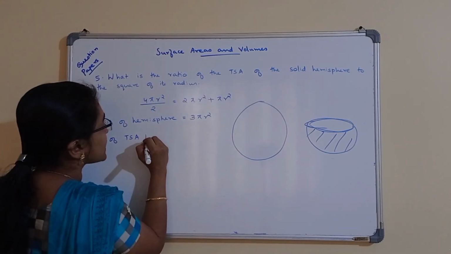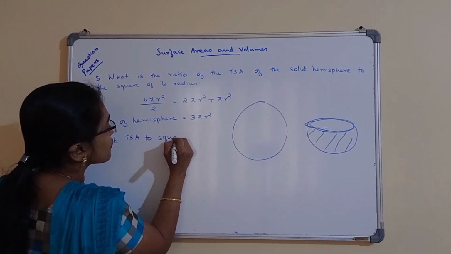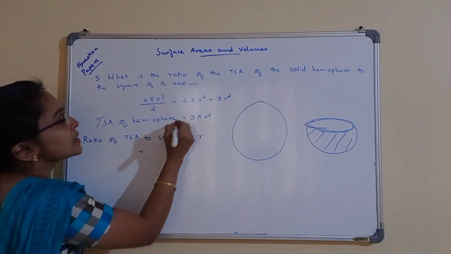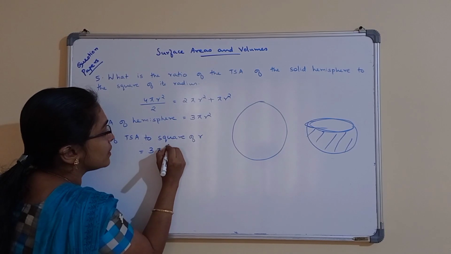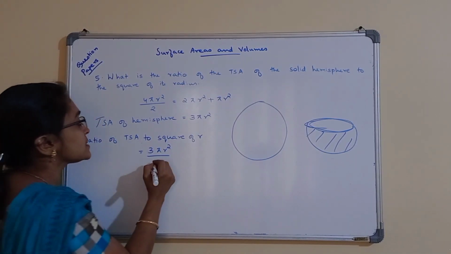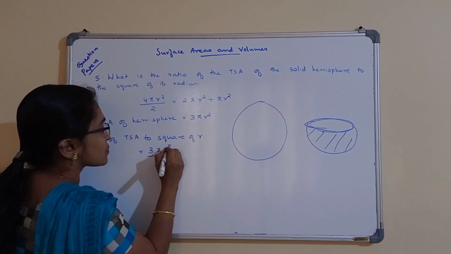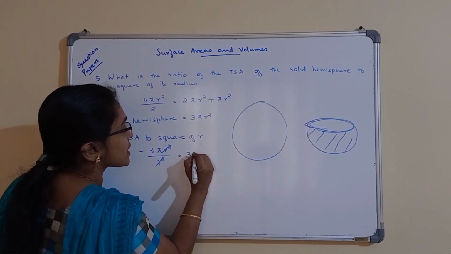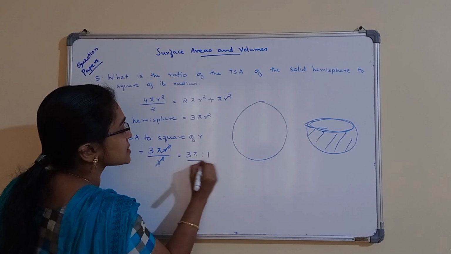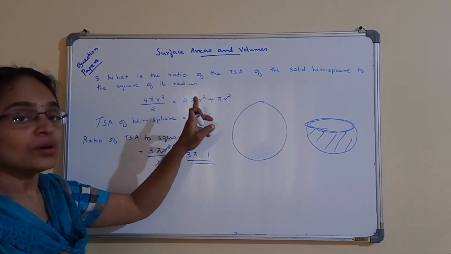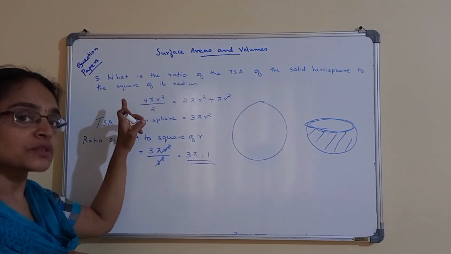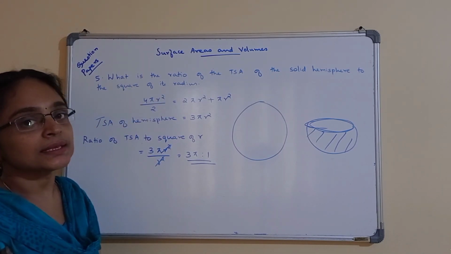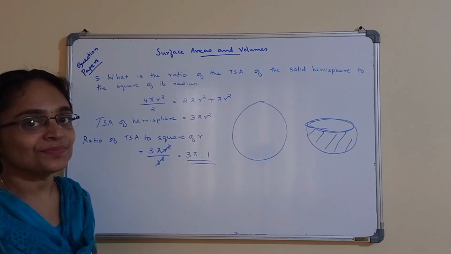So ratio of TSA to square of radius is equal to 3 pi r square by r square. So r square and r square will get cancelled, which means ratio is 3 pi is to 1. So ratio of total surface area of solid hemisphere to square of its radius is 3 pi is to 1. Understood?